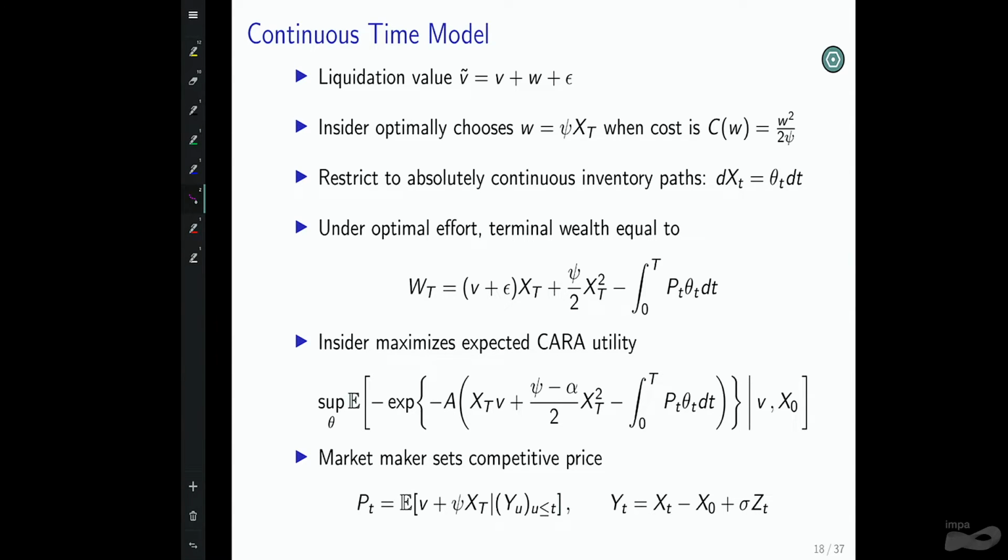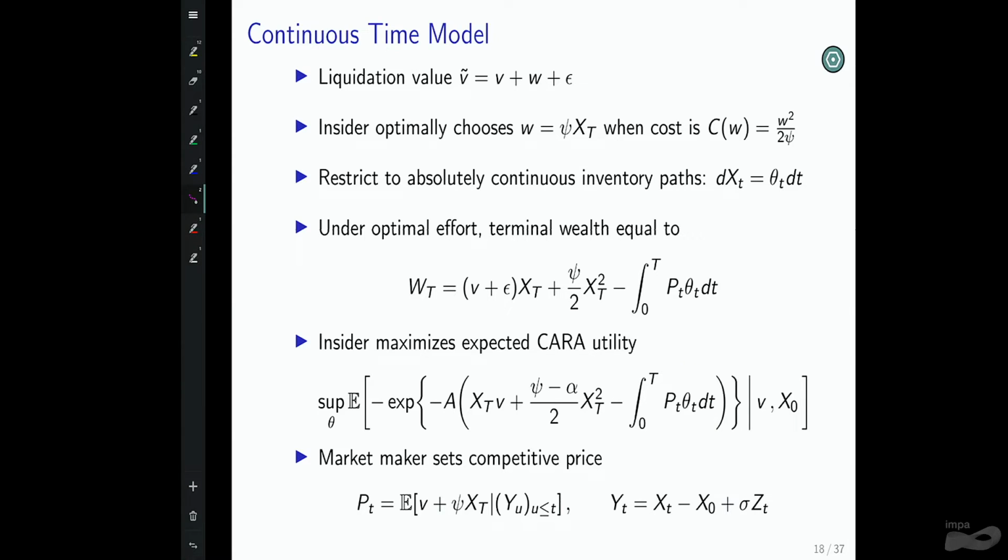What it does help us to do is we can make some manipulations of the terminal wealth in the future, which are convenient. Okay? The new optimization that the insider is trying to solve, well, again, this is just the continuous time generalization of what we saw in the single auction case. In particular, this term here is the total cost of trading through time.